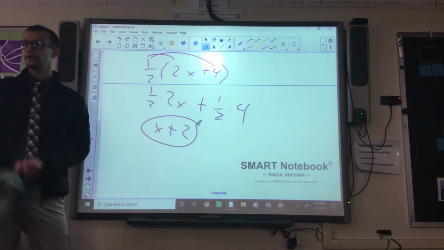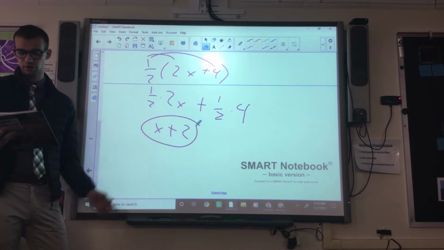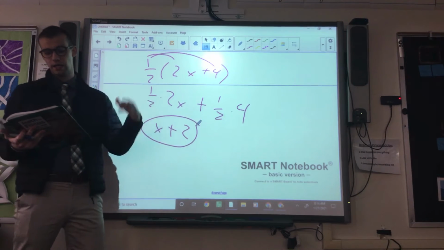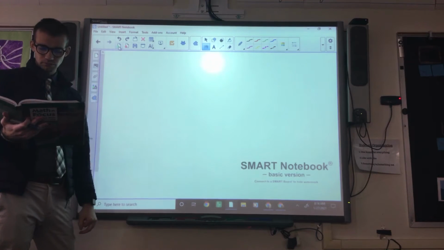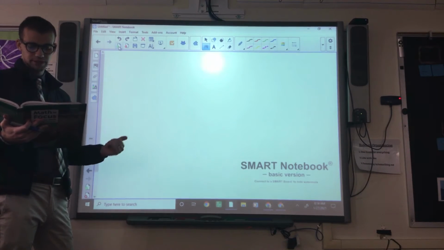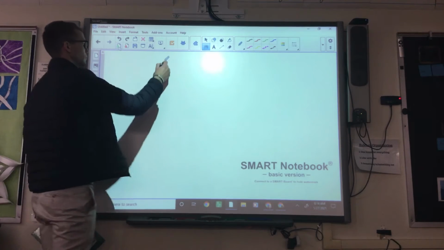So x plus 2. Again, that's expanding it. You just have to know both how to expand and how to factor.